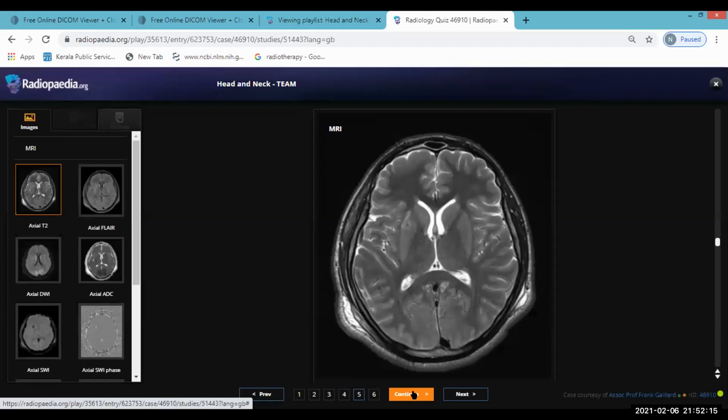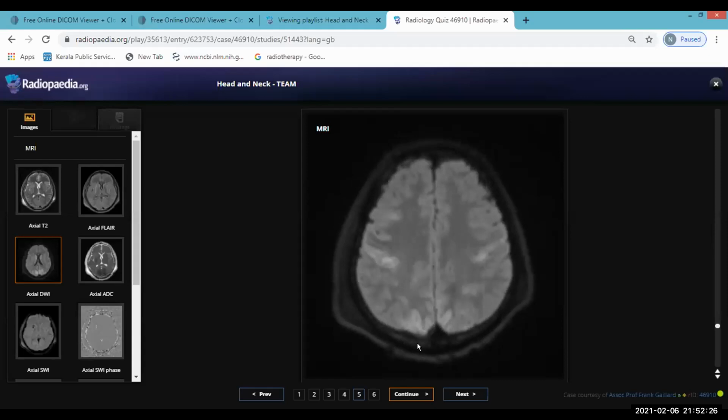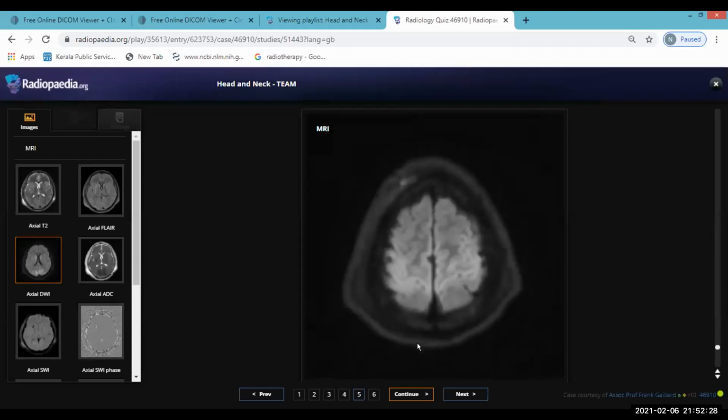Same patient. Okay, I want to look at the DWI images. Now I am looking at the DWI images.